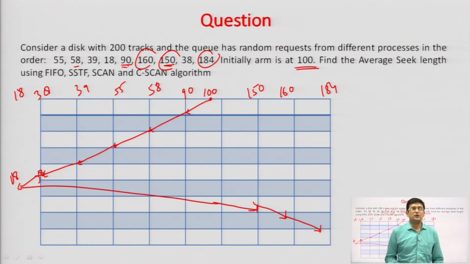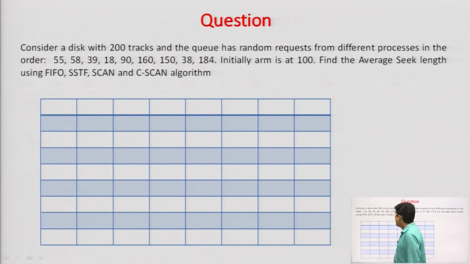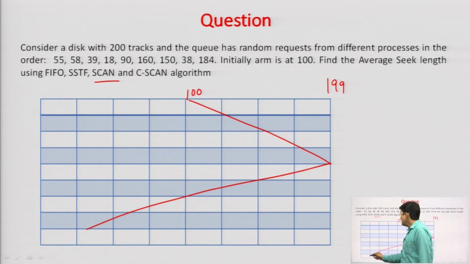Similarly, in the case of the scan or the elevator algorithm, we are moving up and satisfying the requests. We will have to consider where the arm is moving. Let us take it that the disk arm is moving up. When it is moving up, it will satisfy the requests. So, it will go from 100 to the last track number, which is 199, and then from 199 it will go to the lowest track numbers.